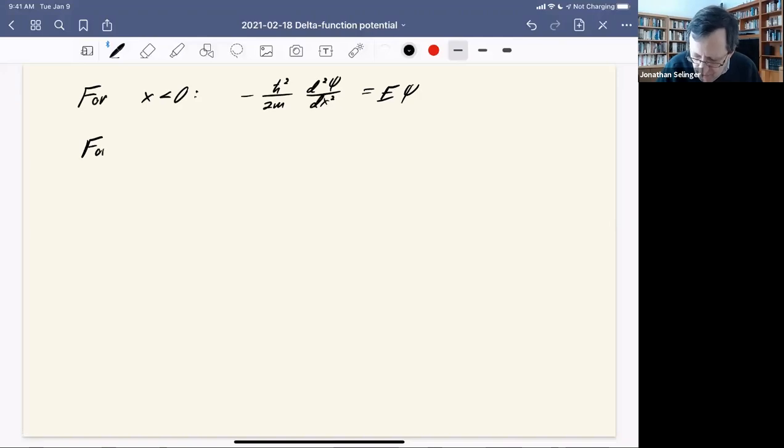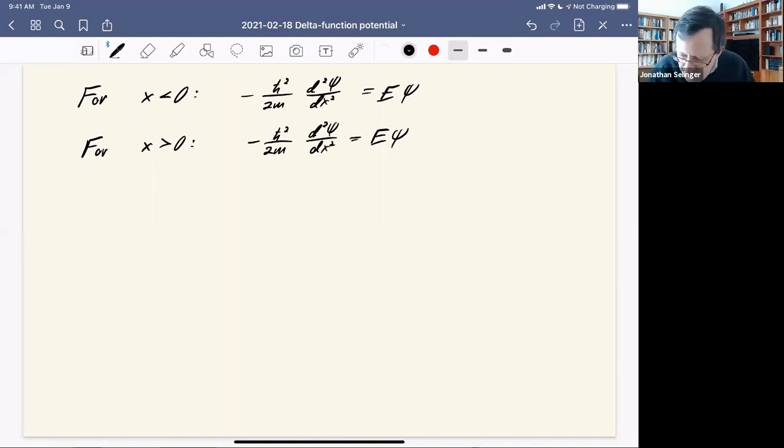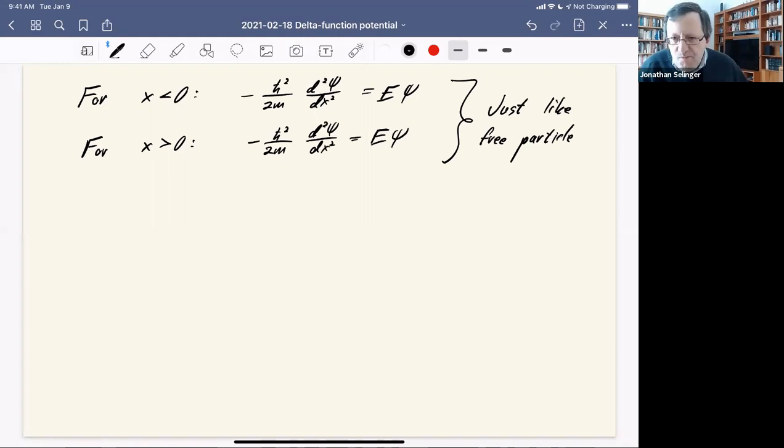And for x positive, it's just the same thing. So, for these things, it looks just like the free particle.